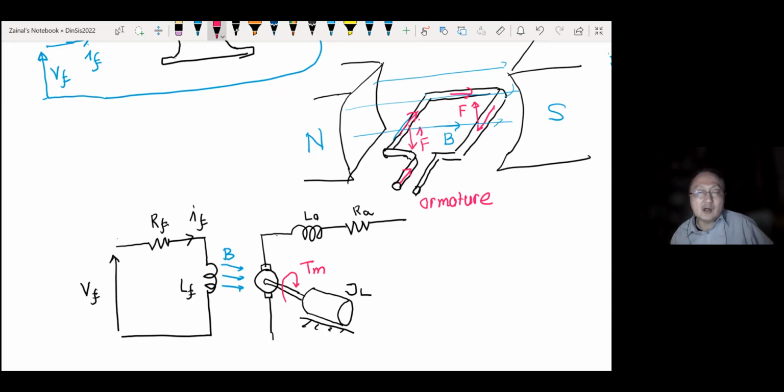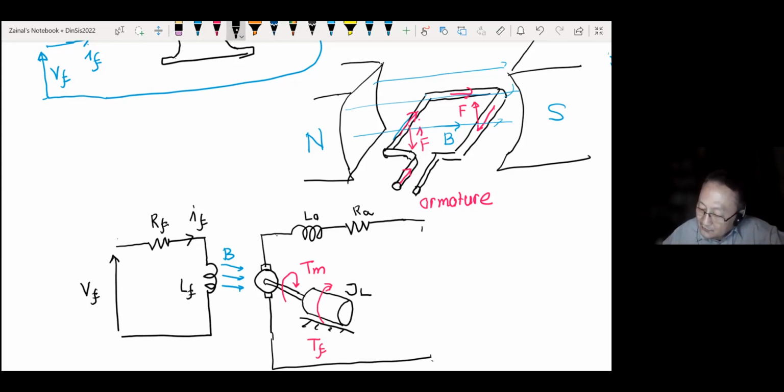The motor torque is used to rotate the inertia of the motor as well as the inertia of the load. And you also have maybe friction, so this one becomes the torque of the friction. And this one is supplied with the voltage VA.